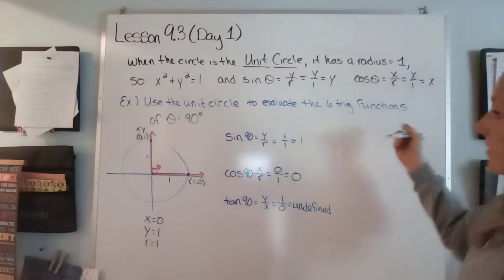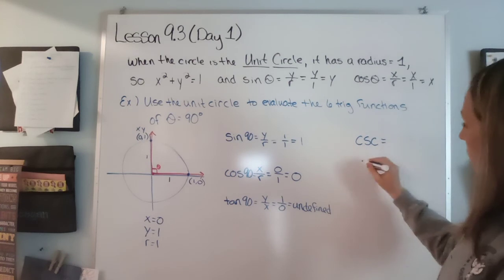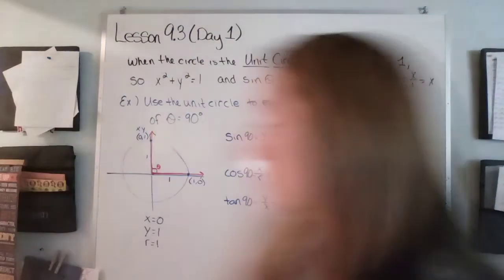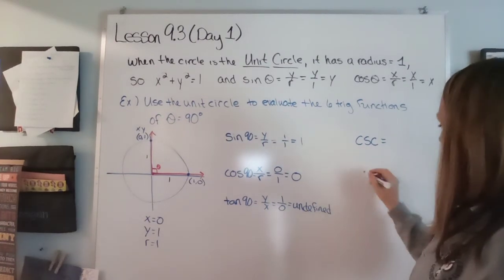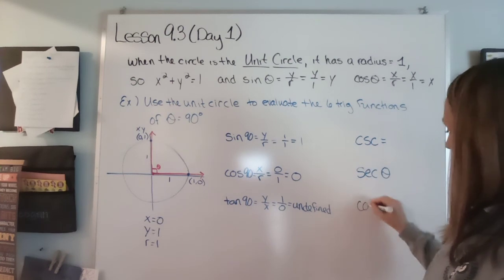And then we have the other 3. So we have cosecant, secant, and cotangent.